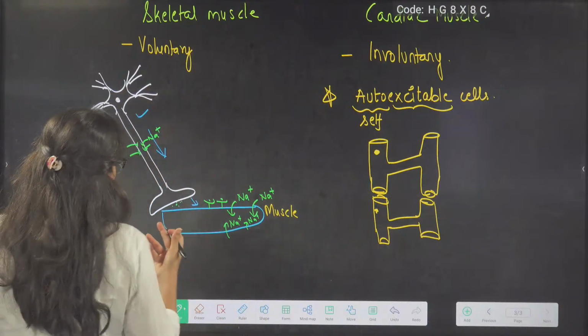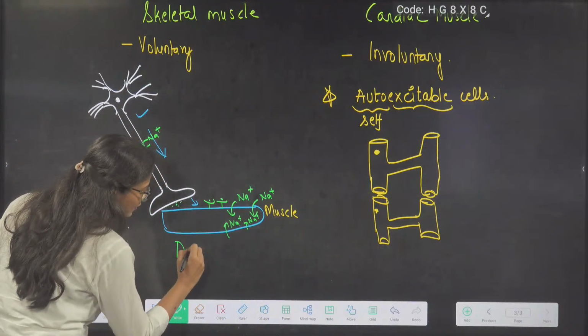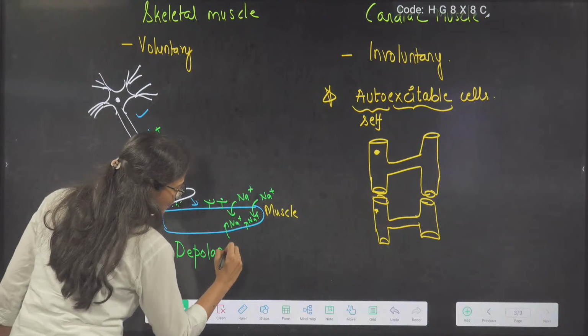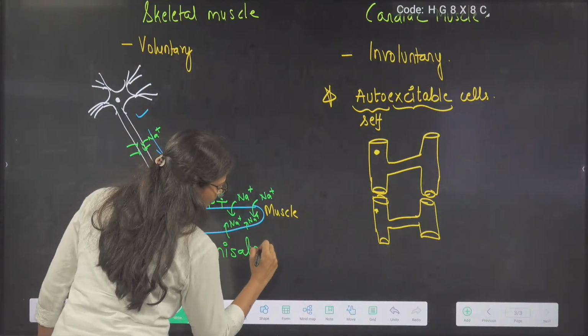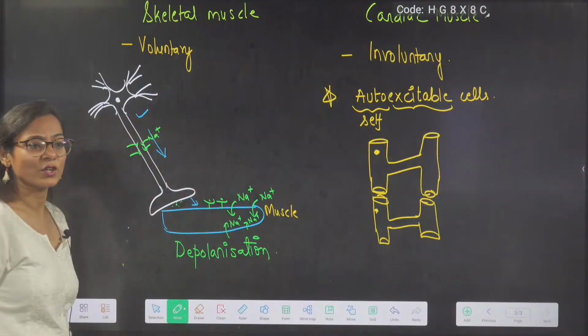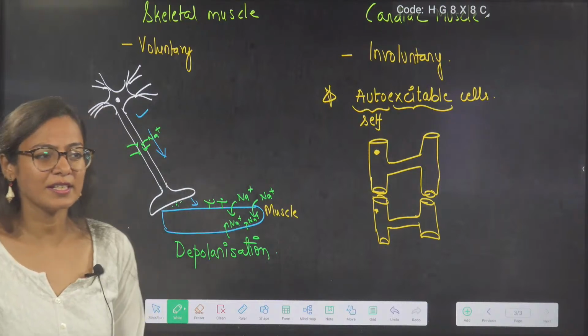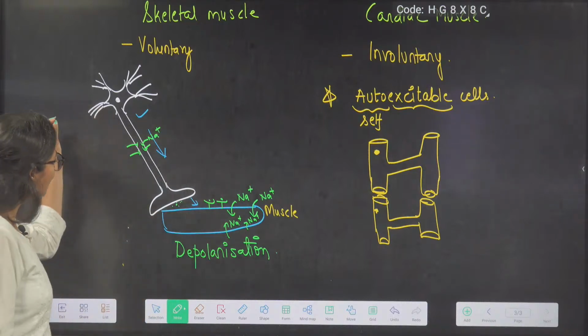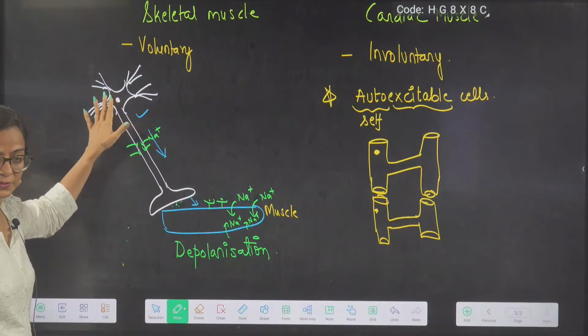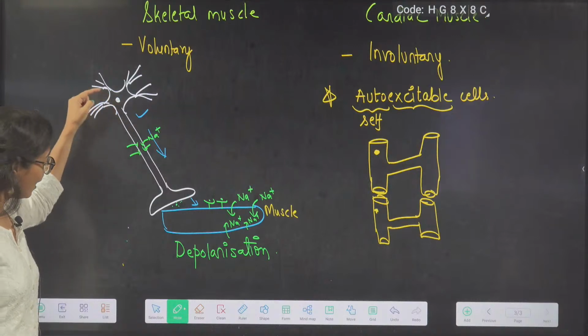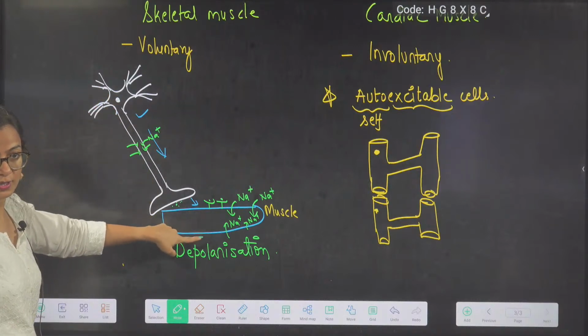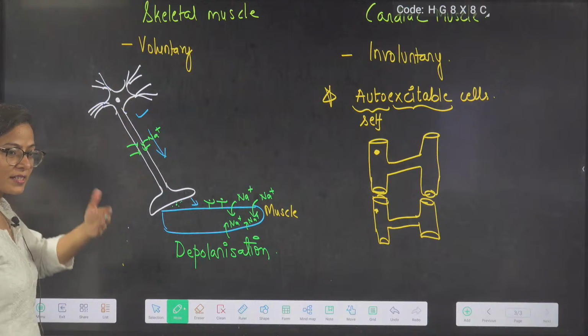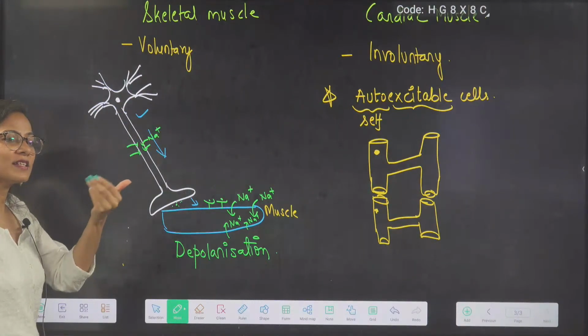So there is one term for it. Now I want you to learn that term. It's called depolarization, right? Very easy. Understand. A stimulus is given to this neuron. I want to make this muscle contract. So this neuron will generate an impulse. How will it generate an impulse?